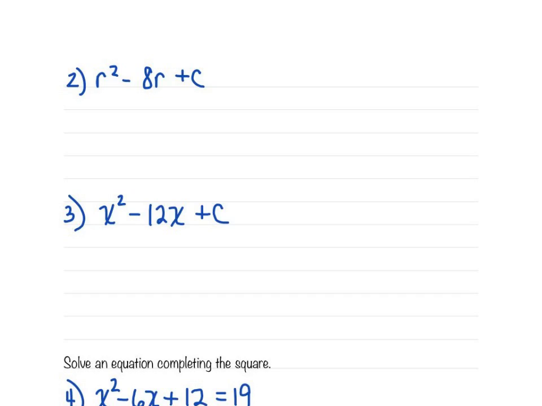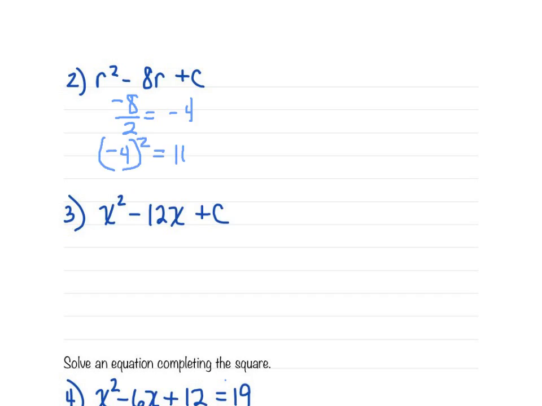Okay, number 2, r squared minus 8r plus c. Step number 1, let's take half of b. So that would be negative 8 divided by 2, which is negative 4. Let's take the result now, negative 4, and square it.